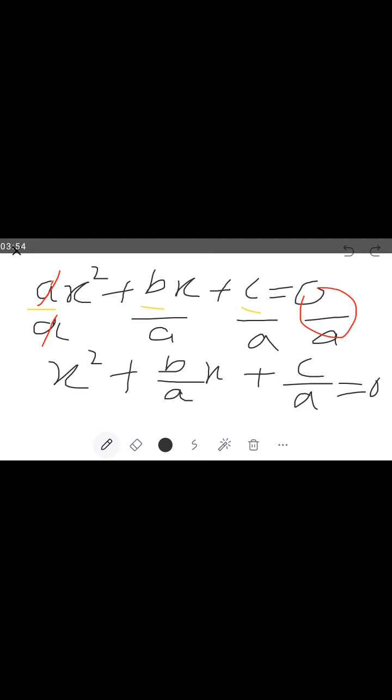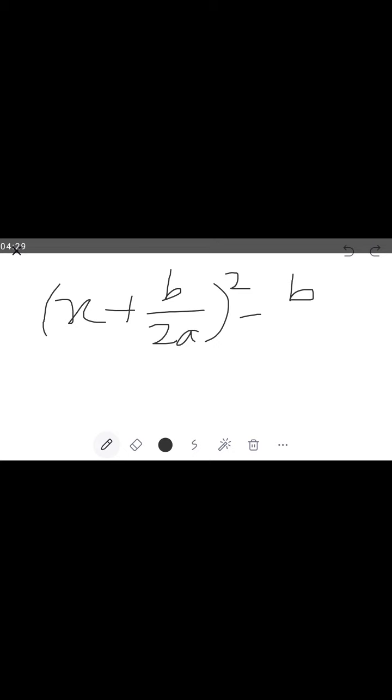After this, I will rearrange the equation as x plus b upon 2a whole square, because this method is basically the completing the square method, where we add b upon 2a whole square and subtract it on both sides.